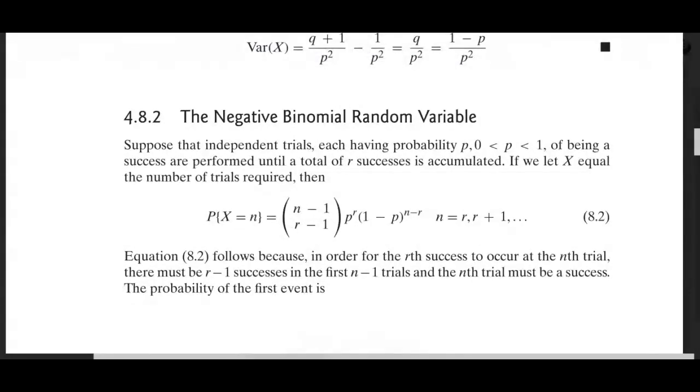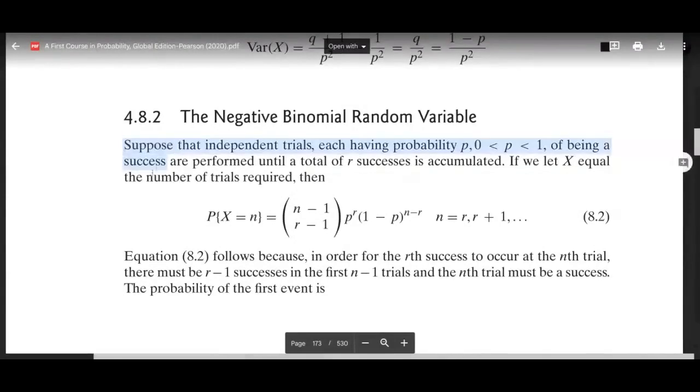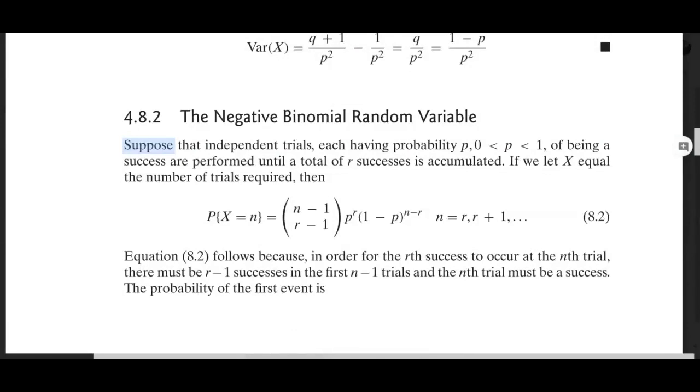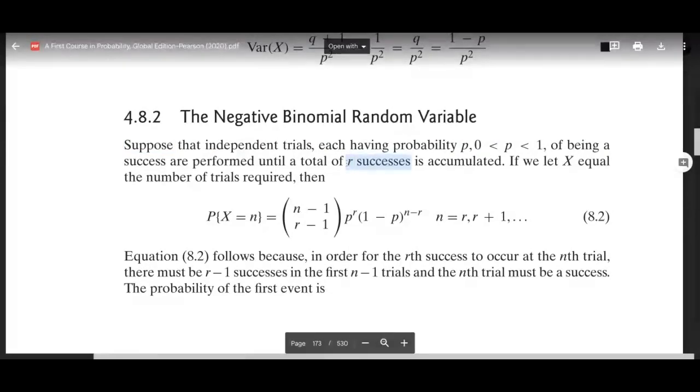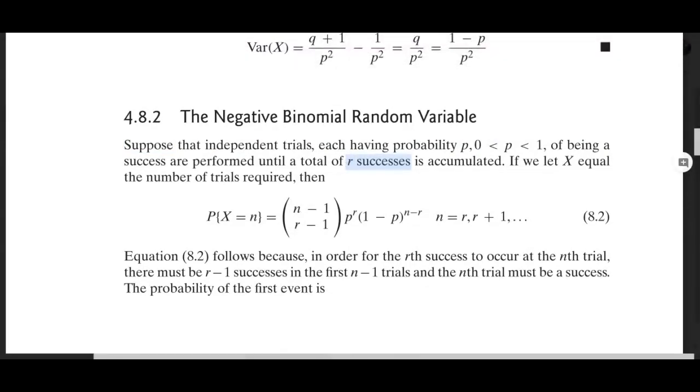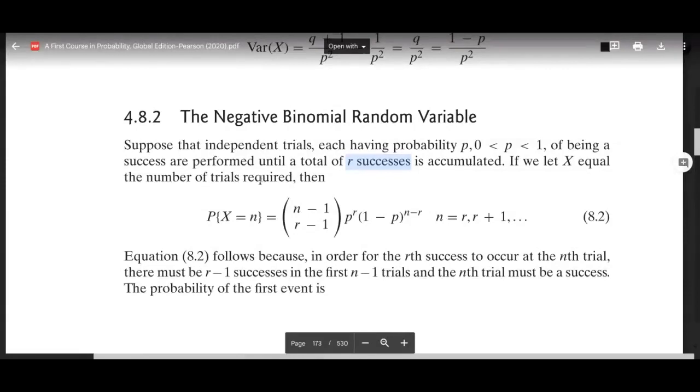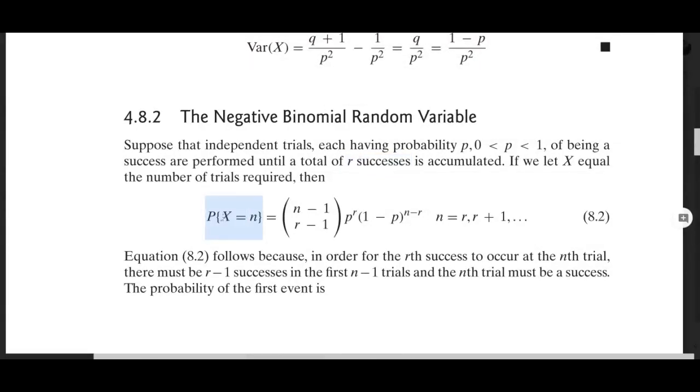Negative binomial random variable. Suppose independent trials, each having the same probability p of being a success, are performed until a total of r successes is accumulated. If we let X equal the number of trials required, then n trials are required to have r successes. So that is n minus 1 choose r minus 1.